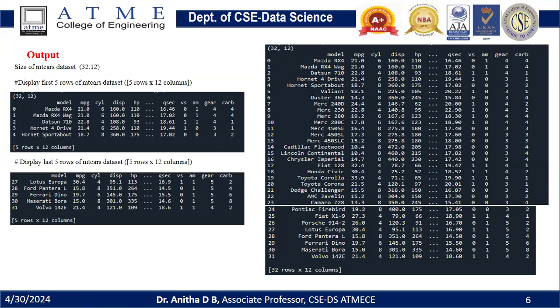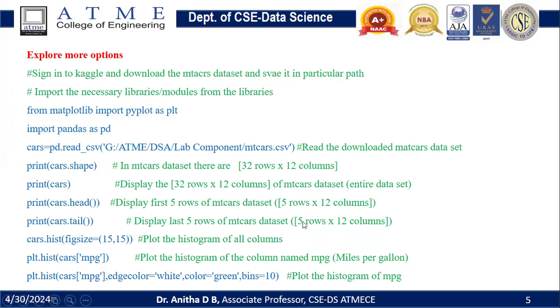So cars.hist plots the histogram of all the columns. In the dataset, there are 12 columns, so it will take all the columns and display the histogram of each column.